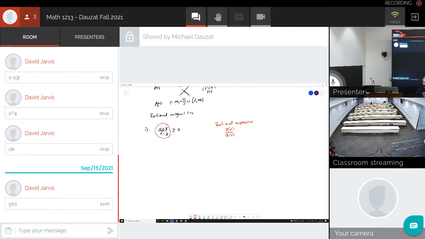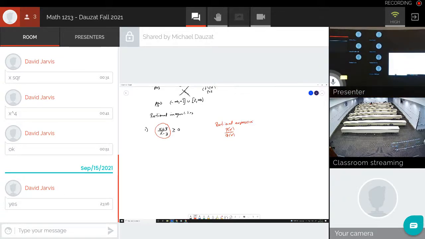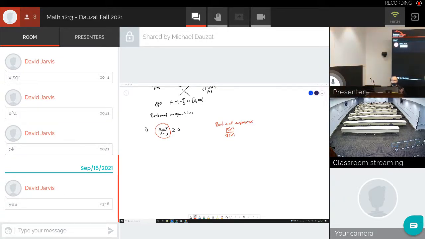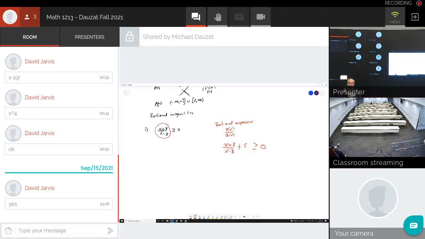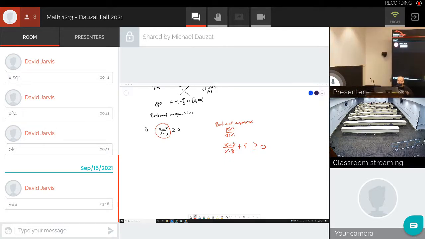Now, just to let you know, in maybe another course, you could see something like this: x plus 8 divided by x minus 3 plus 5 is greater than or equal to 0. So you see, now you have how many fractions? You have 2, because you can think of 5 as 5 over 1, right? But for us, we're only going to be dealing with just a rational inequality that's just one fraction on one side.